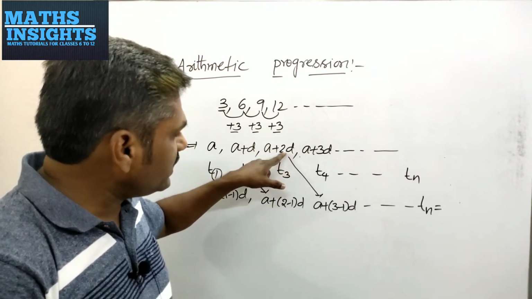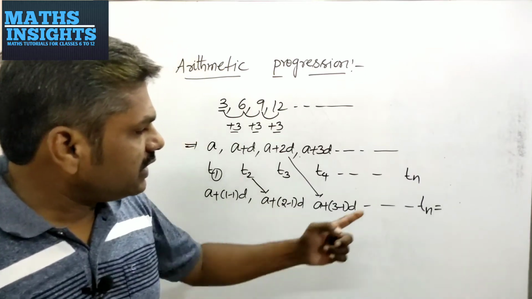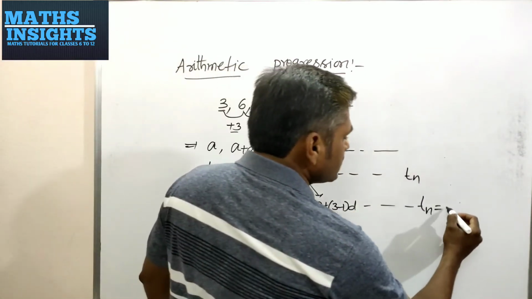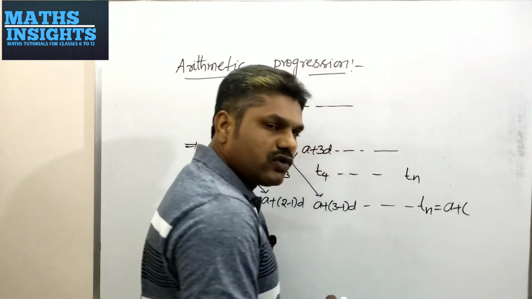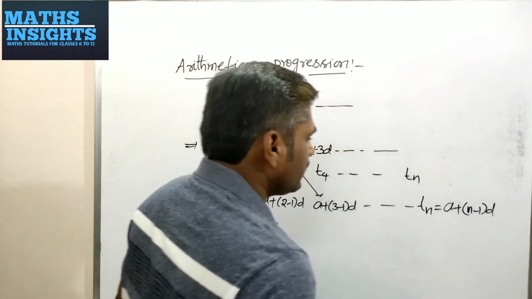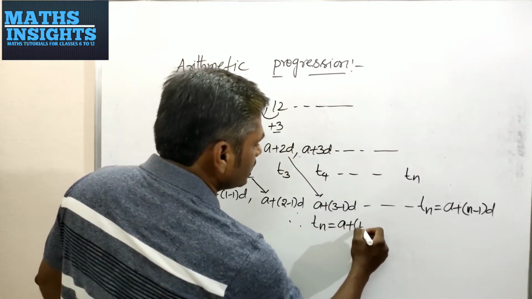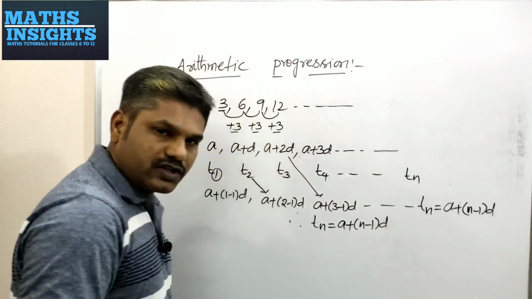The coefficient of d is 1 less than the term number. Here also a plus, okay, n minus 1, n minus 1 into d. Therefore, this is the formula for finding the nth term of the progression.